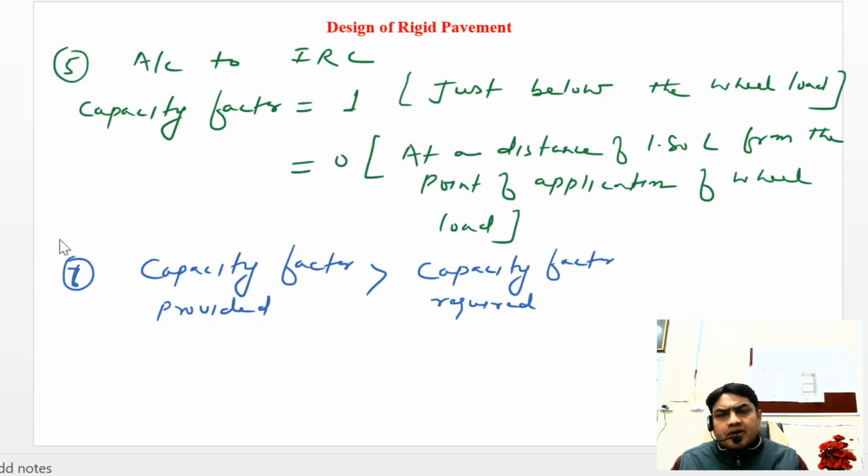And then according to IRC, the capacity factor can be computed. So capacity factor is equal to 1 just below the wheel load, and it is 0 at a distance of 1.8 L from the point of application of wheel load. If the capacity factor provided is greater than capacity factor required, then it is okay.